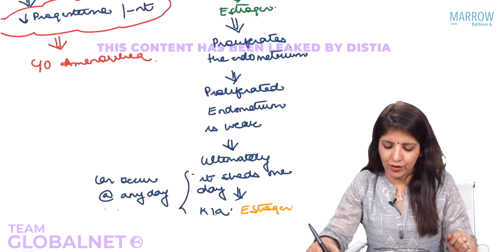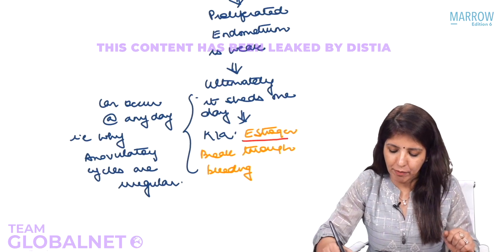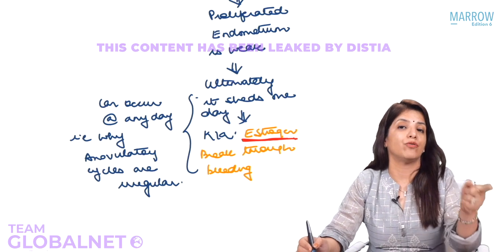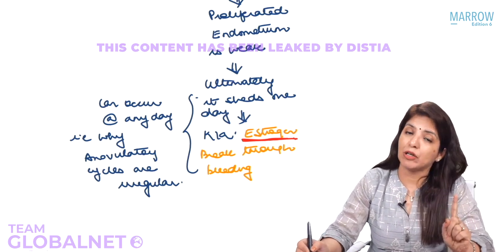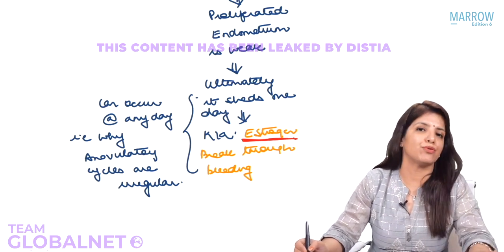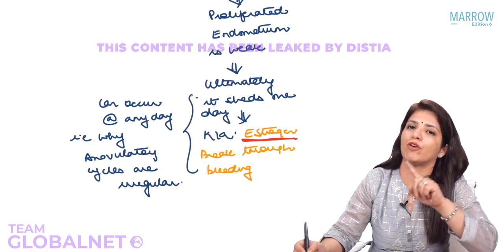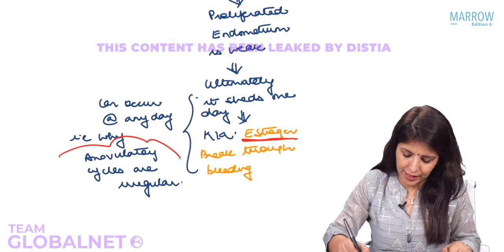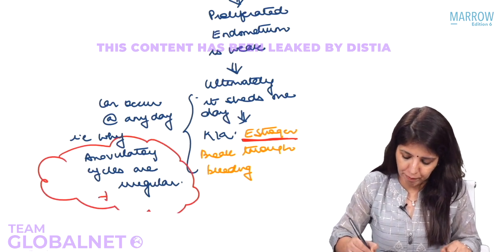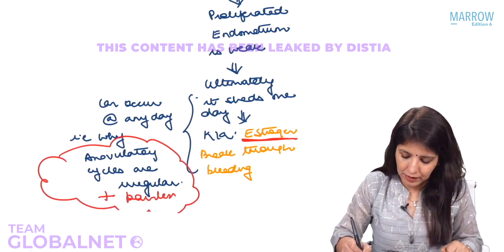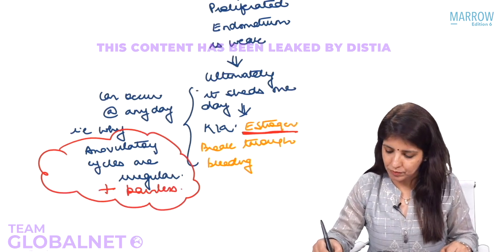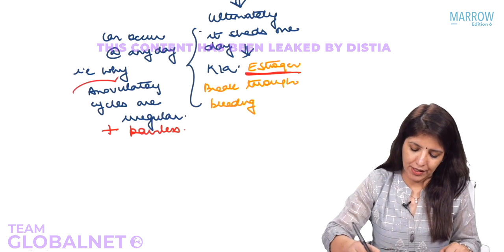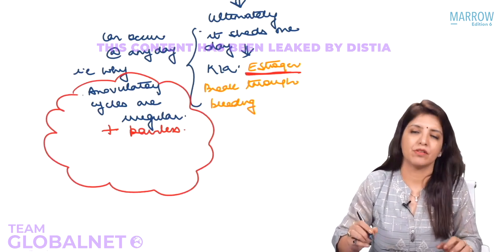In an anovulatory cycle, bleeding is happening because of estrogen. Bleeding is not happening because of decreased progesterone. And because bleeding is not happening due to decreased progesterone, PGF2 alpha is not released, and that is why anovulatory cycles are irregular plus painless. Right? Anovulatory cycles are irregular and painless.